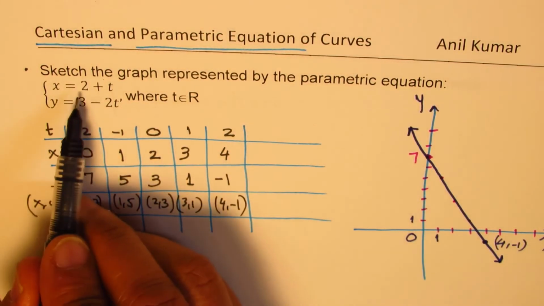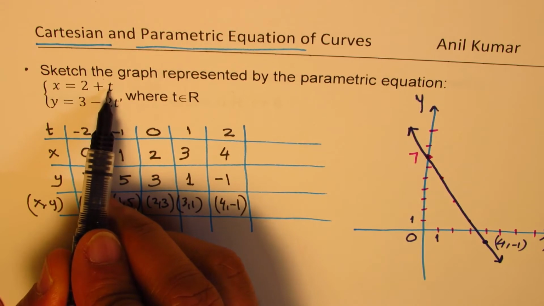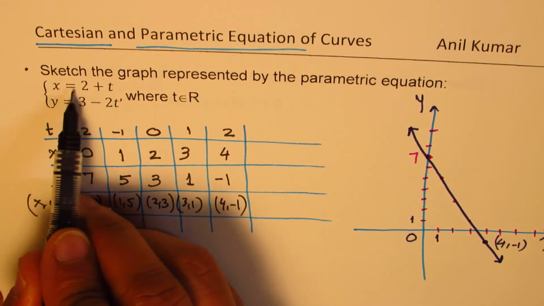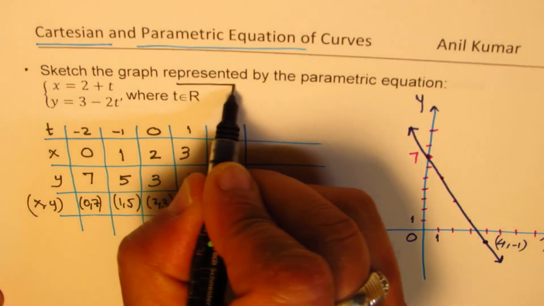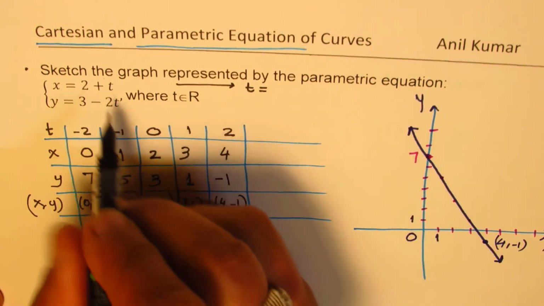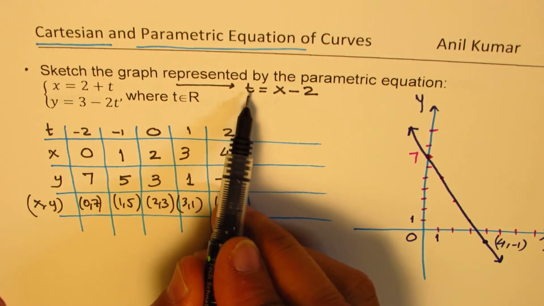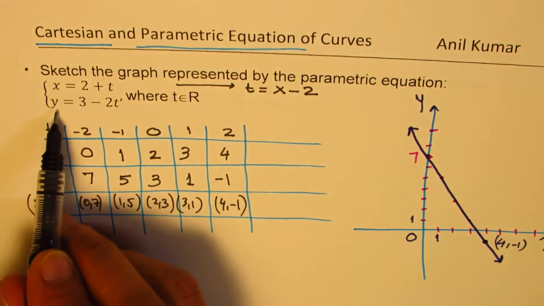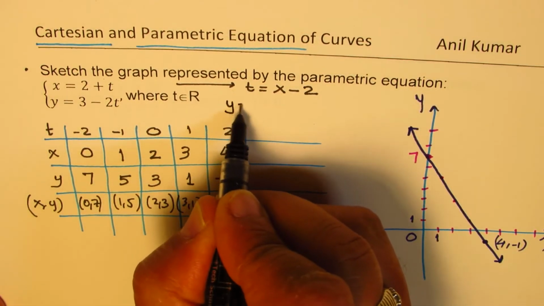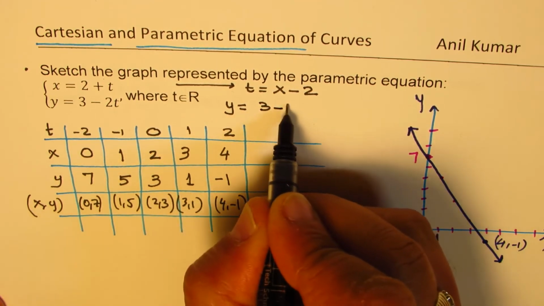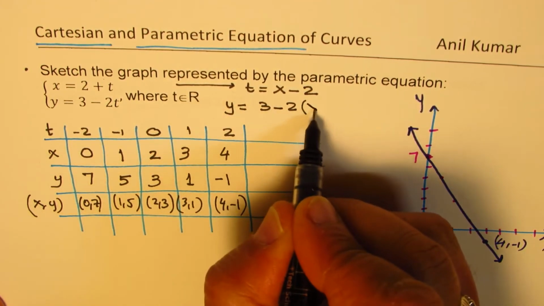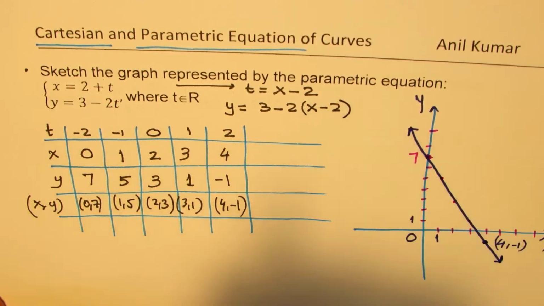We could isolate t from the first equation, x equals 2 plus t. So from here we get t equals x minus 2, right? Now I can substitute this value of t, x minus 2, in the second equation. So we get y equals 3 minus 2 times t, which is x minus 2. Clear?